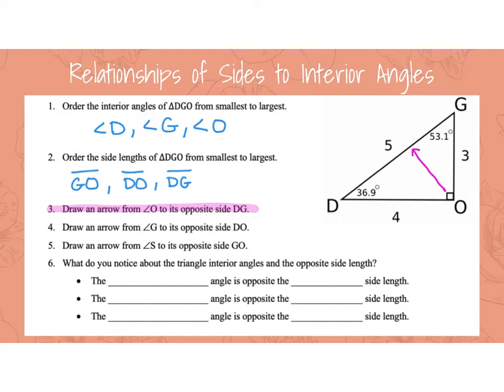Question 4 says to draw an arrow from angle G to its opposite side, DO. So I'm going to start at angle G and draw an arrow across to side DO. Question 5 says to draw an arrow from angle D to its opposite side, GO. So I'll start at angle D and draw my arrow across to side GO.